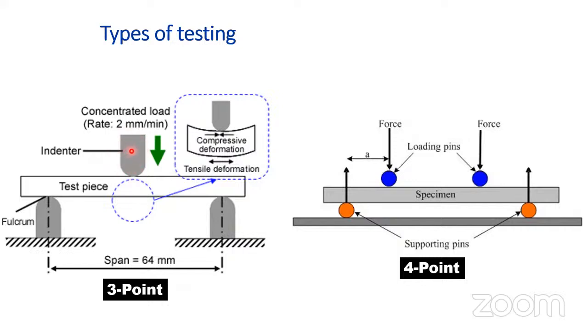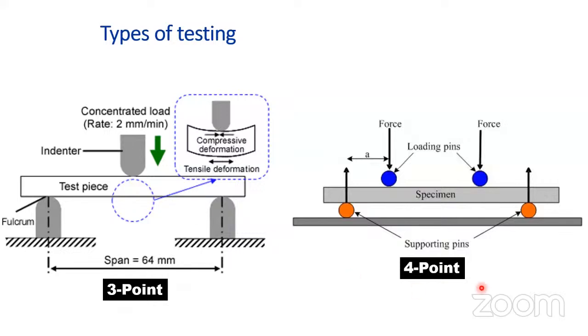So this is the movable part, and on it we apply some force, like this. This is the application of force through the moving part, which we can call the indenter. As we apply the force, the specimen starts to bend from this side, correct? This is the flexural test of the 3 point type.